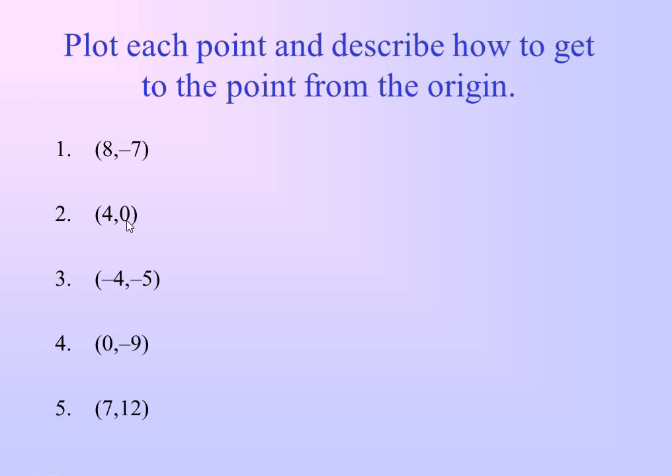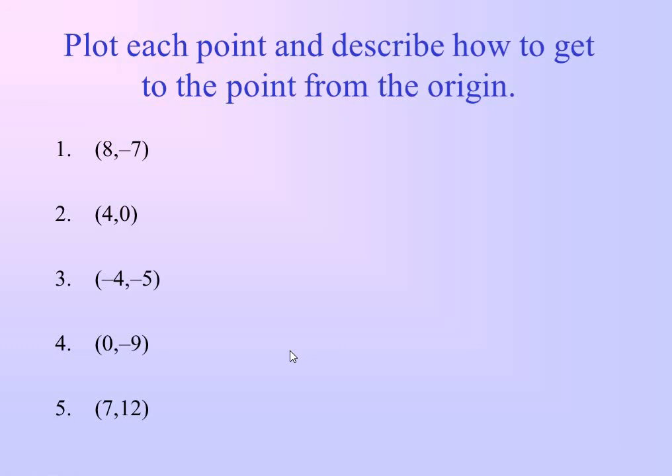When I look at y, it's 0. So where will it be? I don't have to move any unit. I will not move up or down. So I will stay at 4. You can notice that it will be at number 4 on the x-axis.